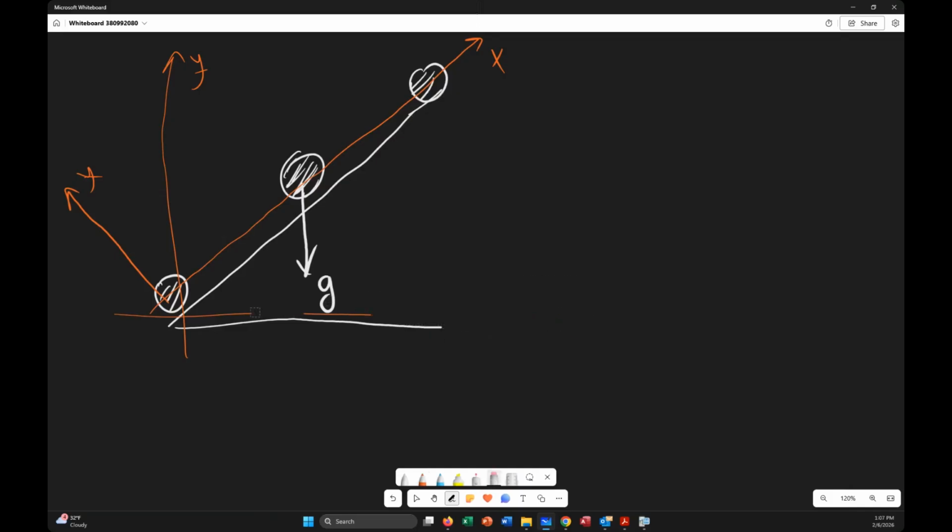I will erase this. So what I do, I draw this x component and y component. This is a 9 degree angle.